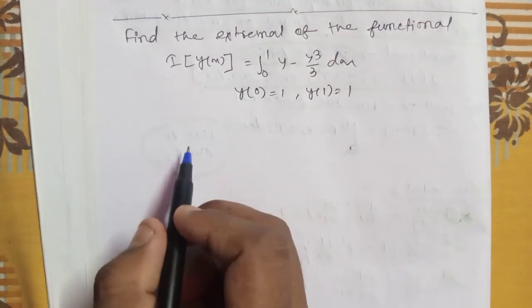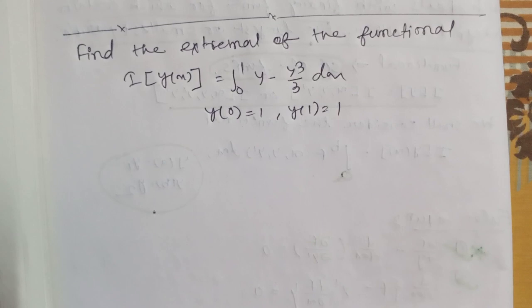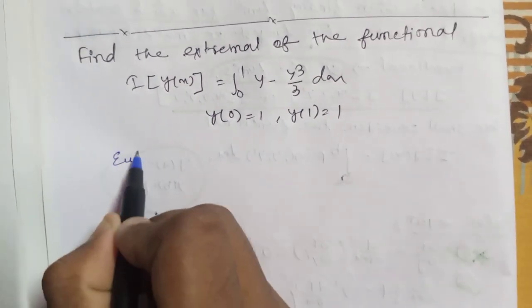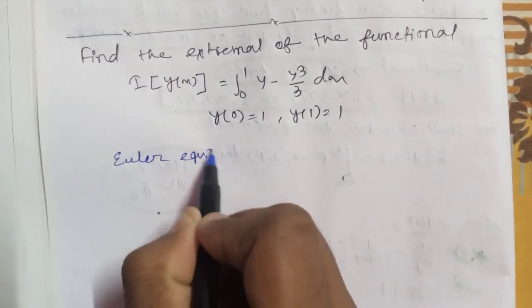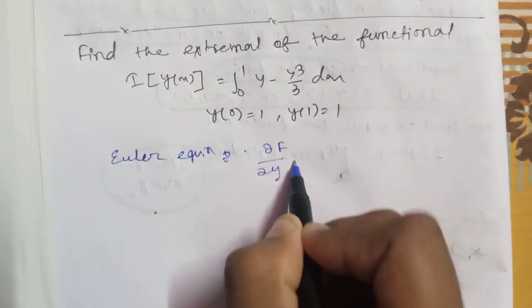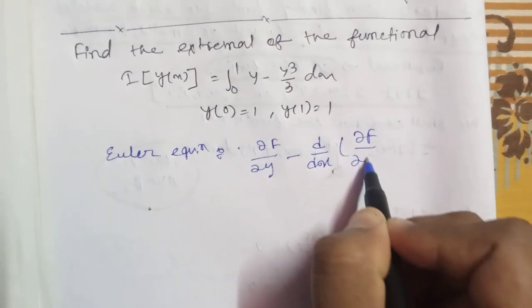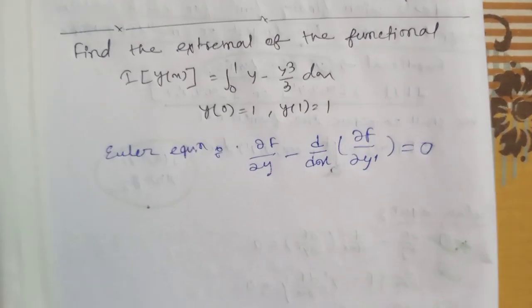Now, to solve this, we have to use the Euler equation. So, what is the Euler equation? The Euler equation of the first form is del f by del y minus d/dx of del f by del y dash equal to 0.